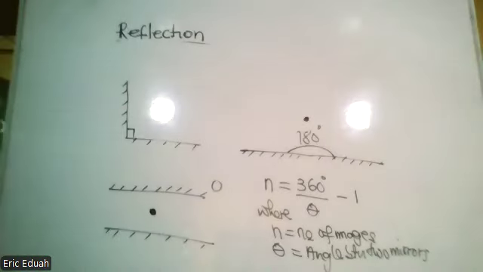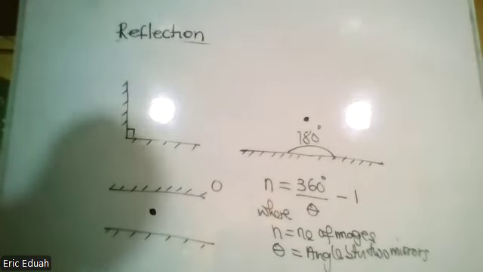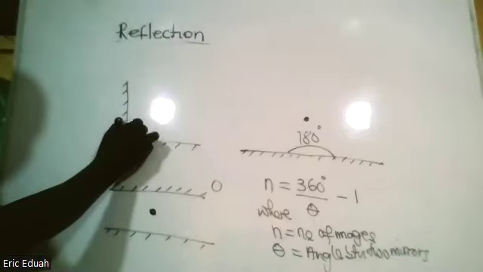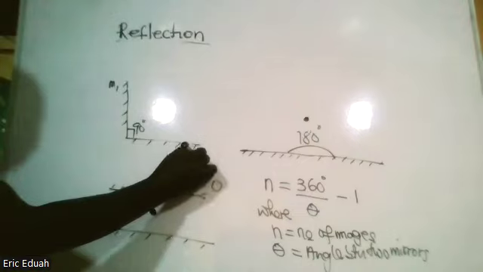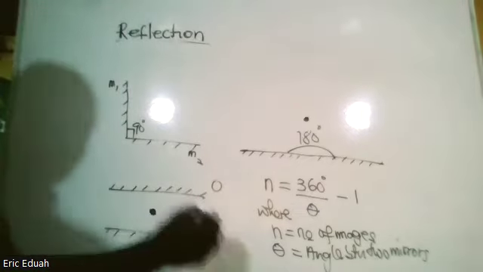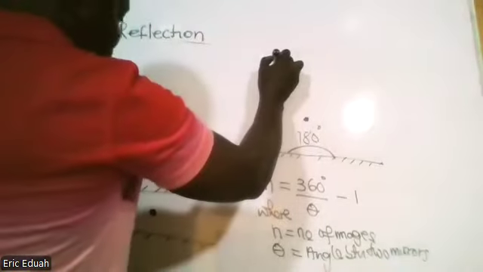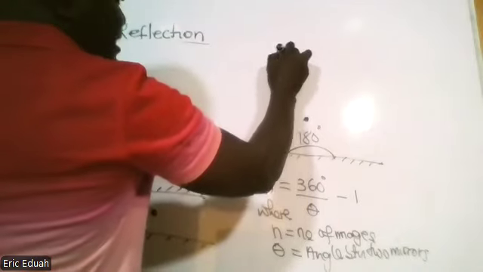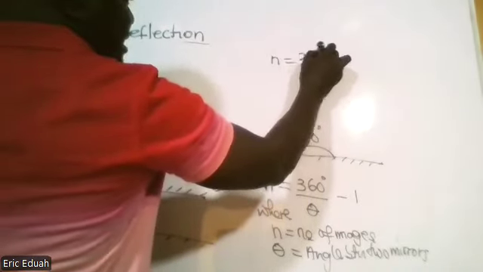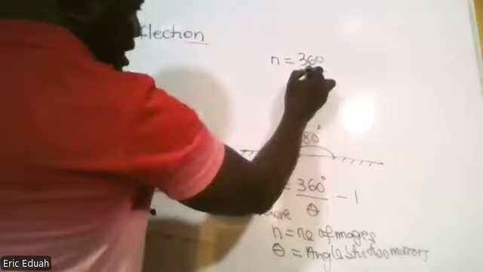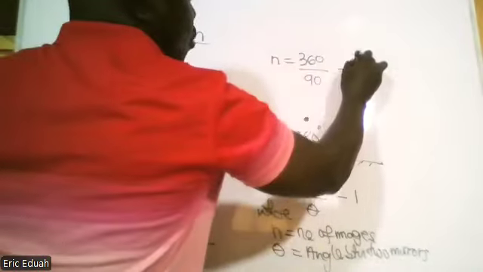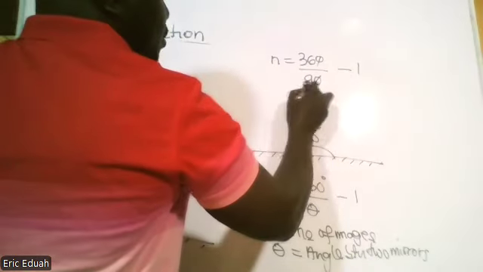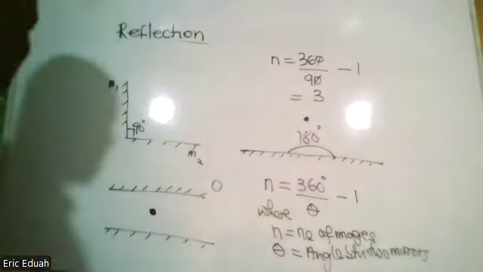Now, if the mirrors are placed perpendicularly to one another, as in this case, this is mirror 1, this is mirror 2, then you can calculate the number of images using n equals 360 over theta, the angle between them, 90, minus 1. So this will give you 3 images.